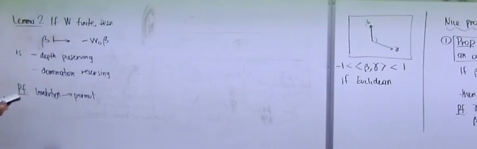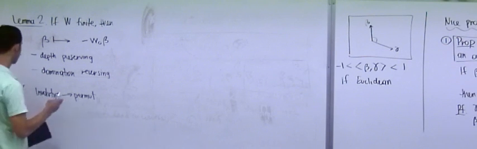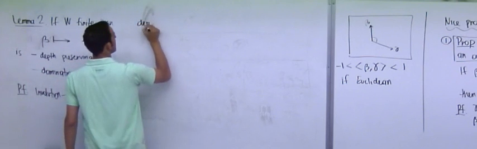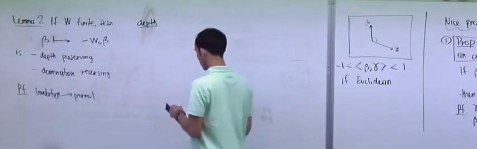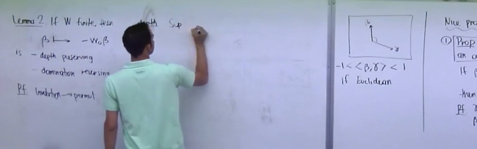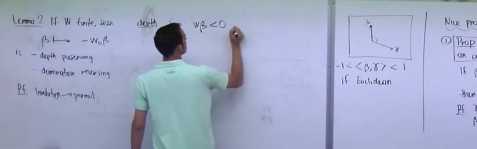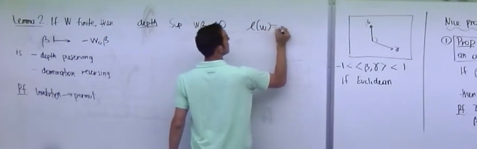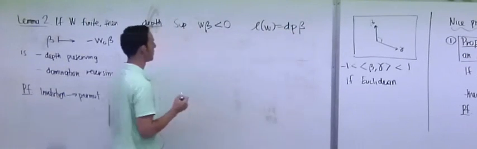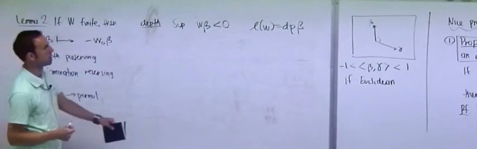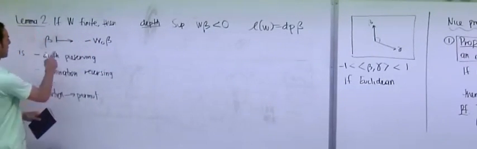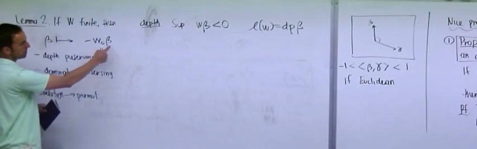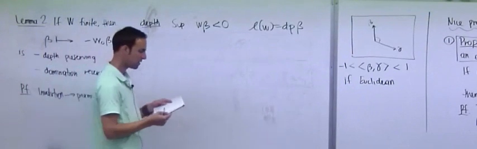And now I need to prove that it preserves depth and reverses domination. So let me just show you that. So depth. I need to prove that this guy and this guy have the same depth. Okay? The way I do that is I take an element of the correct length, and I have to now produce an element of the same length that makes this guy negative. How am I going to do that?